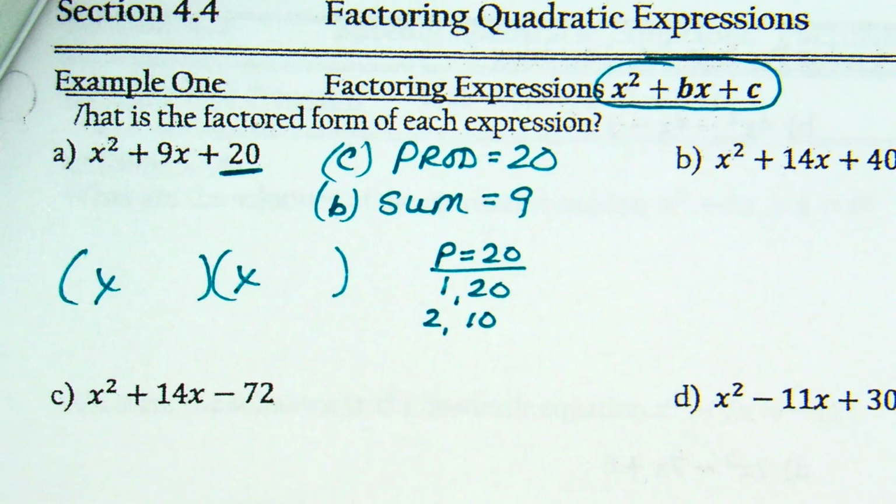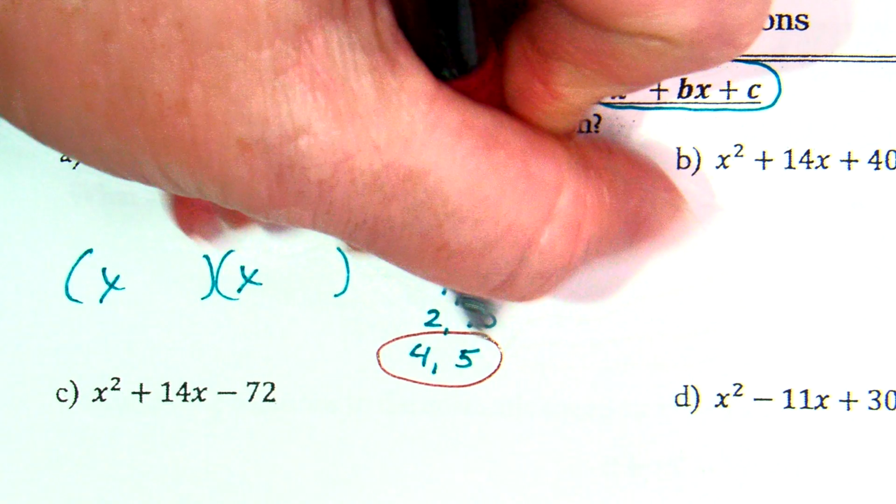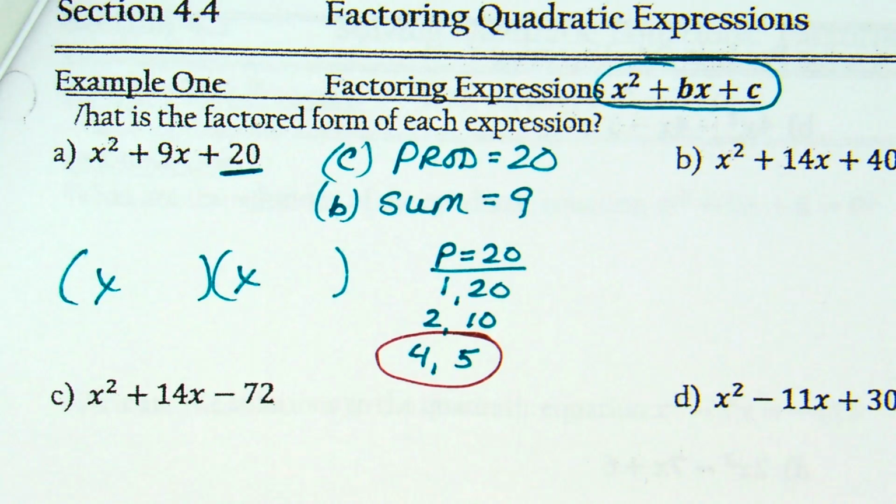We've already used that. So at this point, I know I have all of my pairs. Is there a pair that will add to be 9? 4 and 5. Okay. And I'm not saying you have to make this list of numbers every time. But when you get stuck on a really difficult one and you're not coming up with a pair, this is my go-to method. And that's why I'm teaching it.